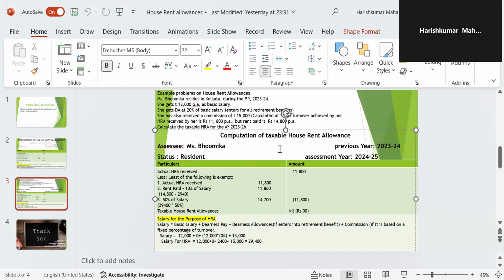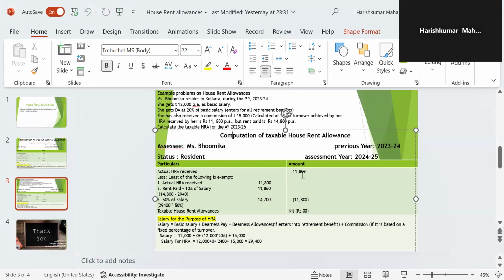Now we'll calculate taxable house rent allowance. Assessee name: Ms. Bhumika, previous year 2023-24, assessment year 2024-25, and status is resident. Now, actual HRA received.